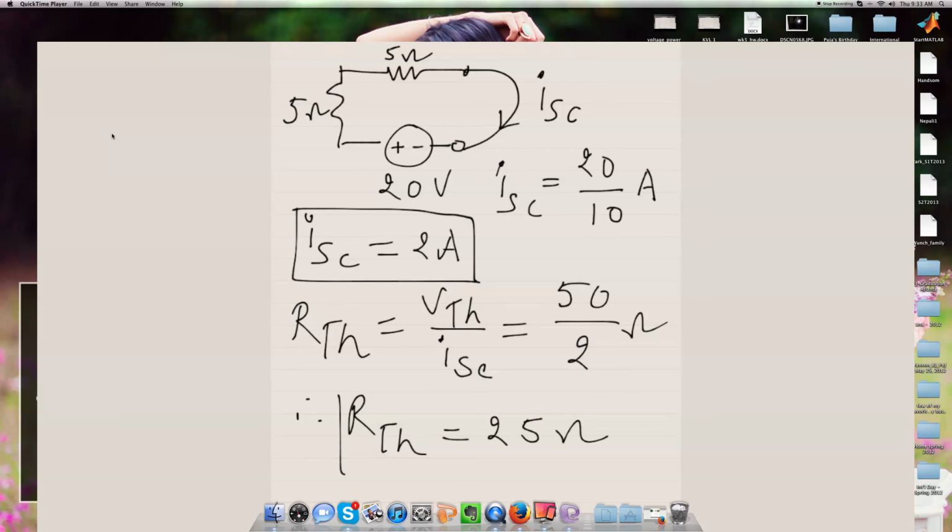There you go. Let's put this in a box. So we found both Thevenin voltage and Thevenin resistance. VTH is 50 volt, and RTH is 25 ohm.